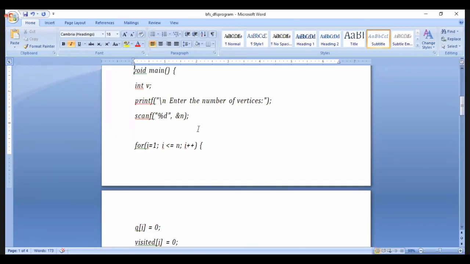After reading n vertices, how do we give the graph as input? We give the graph to the program through an adjacency matrix. What do you mean by adjacency matrix?